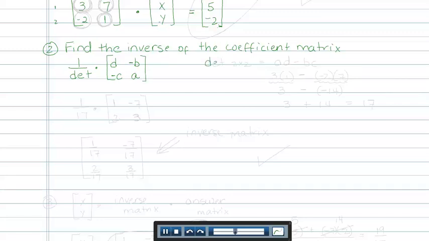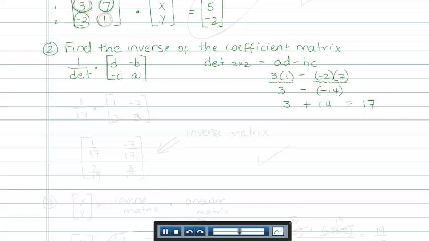The determinant for a 2 by 2 is AD minus BC. From this matrix, A is a 3 and D is a 1. So 3 times 1 minus negative 2 times 7. You just have to be careful with the sign. So I solve this first and that first. 3 times 1 is 3 and negative 2 times 7 is minus 14. Well, 3 minus a minus 14 is the same thing as 3 plus 14, which gives me 17.